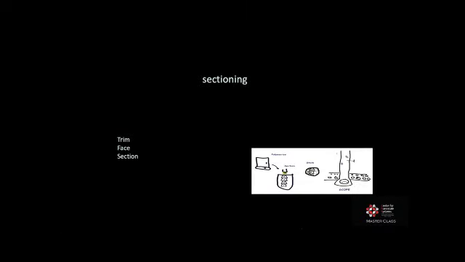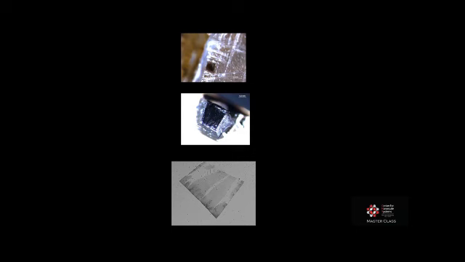All right, so now we've got our sample embedded. We have a nice hard block. It's time to move on to the next step, which is sectioning. So sectioning involves trimming the block, facing the block, and then cutting sections. In the top picture, we can see our black piece of tissue within this plastic block, and we've trimmed away all of the plastic that doesn't contain tissue.